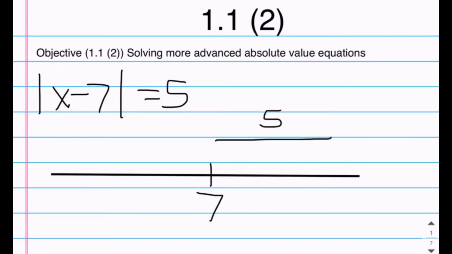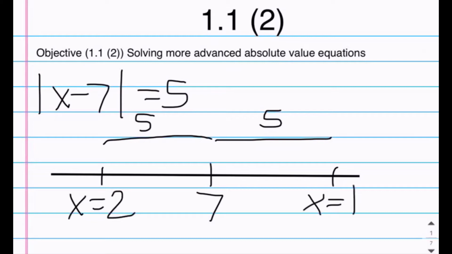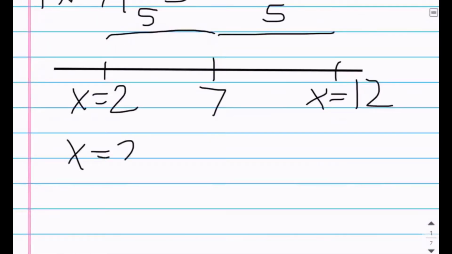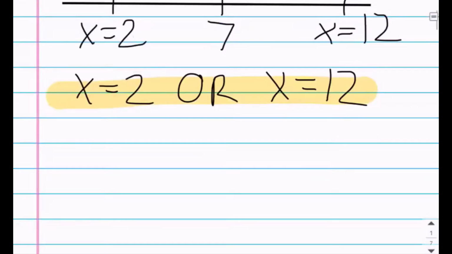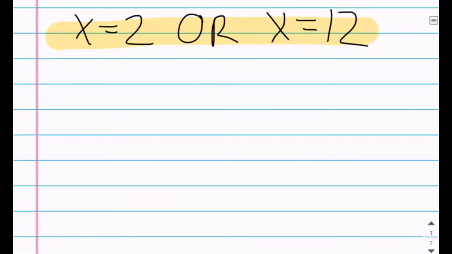We put 5 to the right, 5 to the left, and we got x is equal to 2, or x is equal to 12. Now this time, we'll be adding a little bit to it. This time, we'll be doing the distance between 2x and 7 is 5.